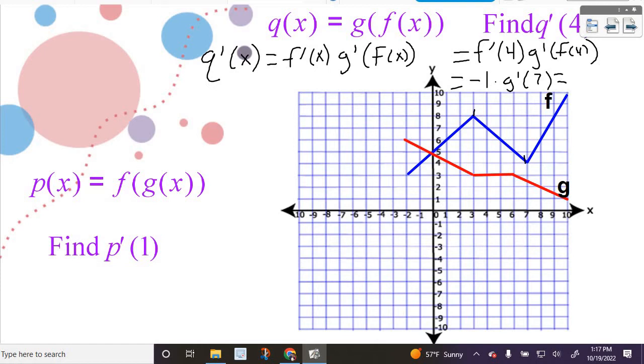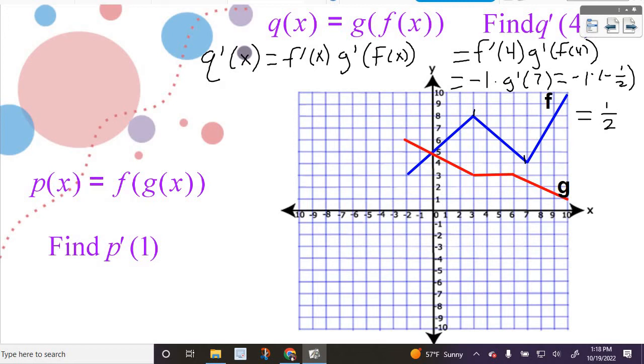The slope. So it would be -1 times, so I'm going to 7, and I want to look at the slope of the line for my red graph at 7. -1/2. So my final answer is positive 1. Does that make sense?